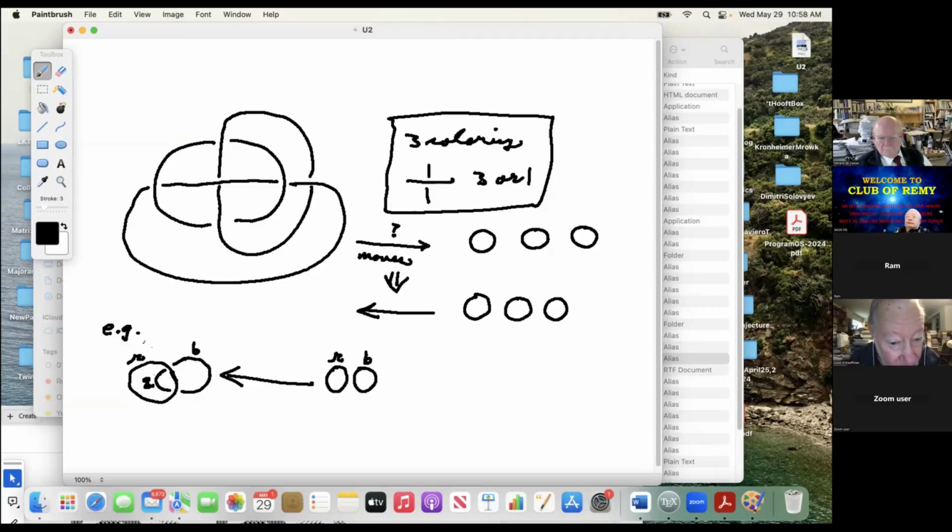But if you couldn't color it, that would tell you uncolorability of the link implies linkedness.